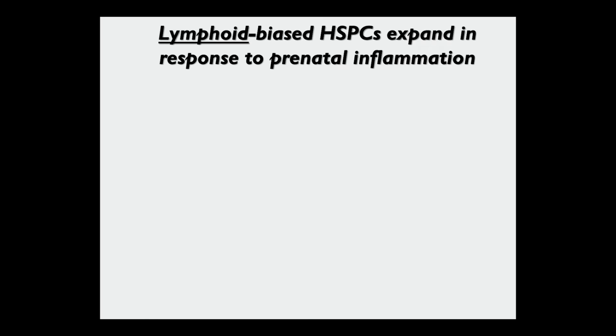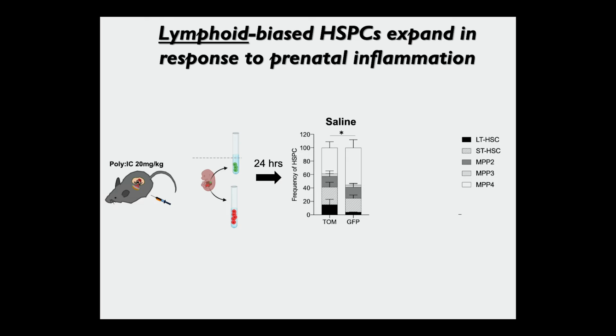We wanted to test if the downstream expansion of a lymphoid-biased multipotent progenitor in response to prenatal inflammation was the result of an expansion of a lymphoid-biased stem cell. And so Diego did an experiment where he induced prenatal inflammation, pulled out our two stem cell populations, stuck them in culture for 24 hours to see what they would make. And what he found is that even under saline conditions, our GFP positive DRHSC at baseline makes more lymphoid-biased MPP4s.